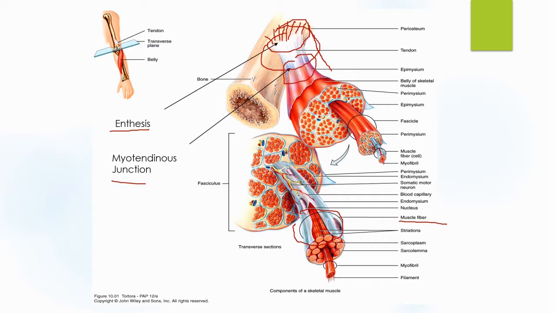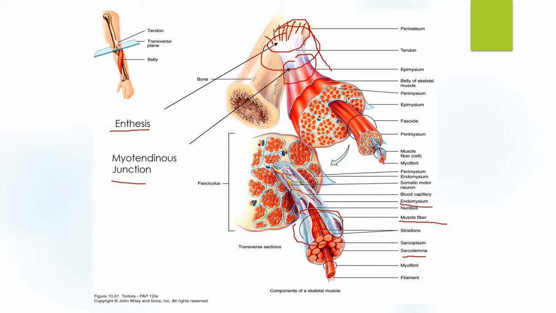Well, muscle cells, like all cells of the body, are surrounded by a plasma membrane. And in muscle cells, the plasma membrane is referred to as the sarcolemma. Sarcolemma is the specific term that we give to the plasma membrane of muscle cells. Then the plasma membrane itself is surrounded by a thin layer of connective tissue composed largely of collagen, and that connective tissue we refer to as the endomysium.